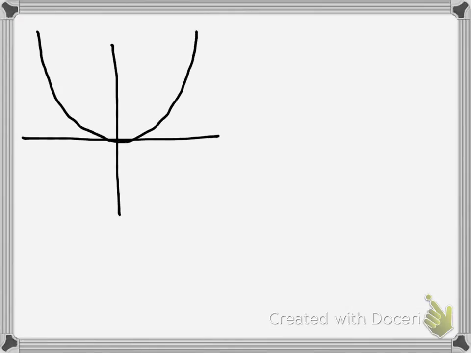So let's start with a new graph. We'll have our xy axis, and go ahead and just freehand in a parabola. So our picture won't be perfect, but it's going to be good enough for us to derive our formula for a parabola. So locate your focus, which remember is on that axis of symmetry.